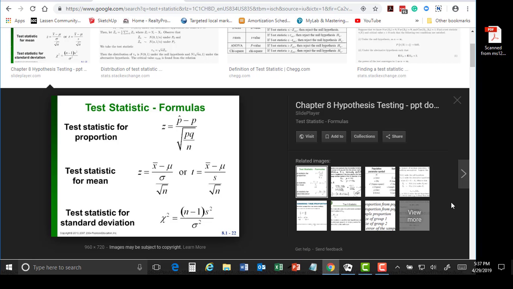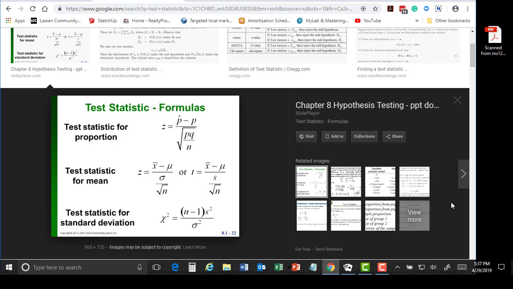Okay, so what do we use a test statistic for? What are we testing? And what does the test statistic allow us to make a decision about? If it lands in a certain region, we call it the acceptance region, right?